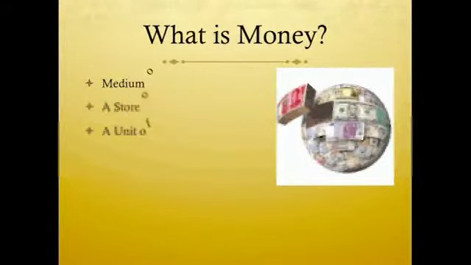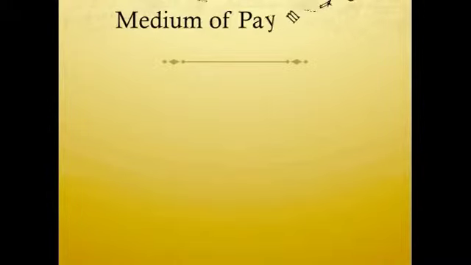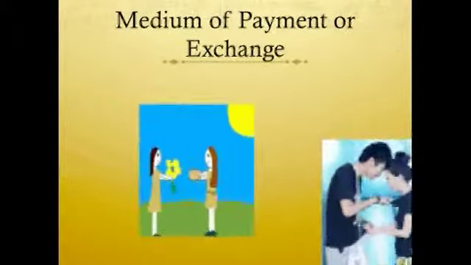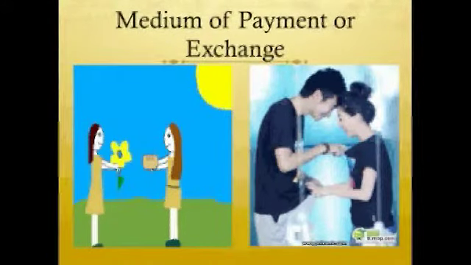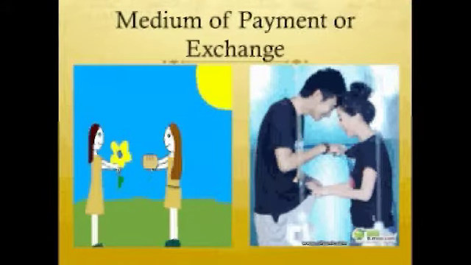In this session, we will talk about what is money: money as a medium of payment, a store of value, and a unit of account. Let me explain about barter before. Barter is a direct exchange of goods for other goods or services for other services.